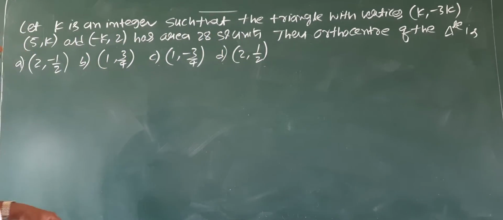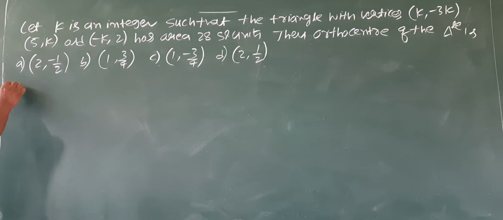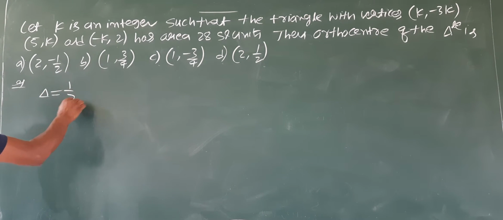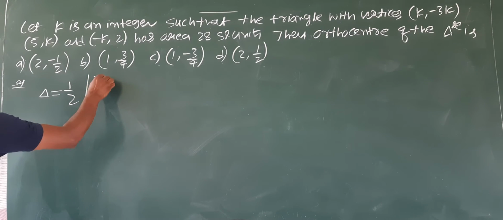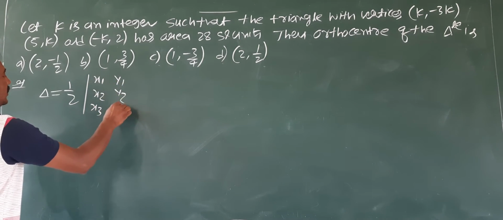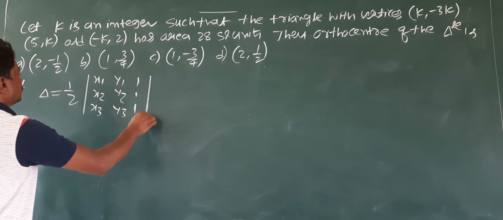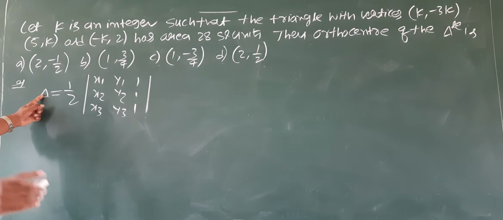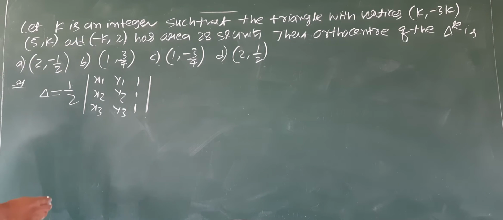Area of the triangle is given. So delta is given. Solution: area of the triangle is equal to half into the determinant of x1, x2, x3, y1, y2, y3, 1, 1, 1. What is the area of the triangle? 28.